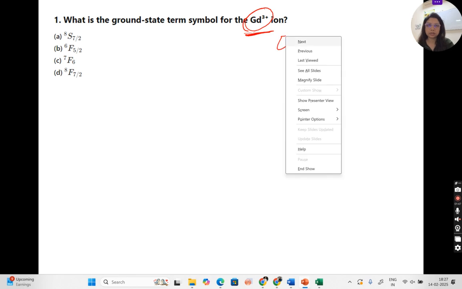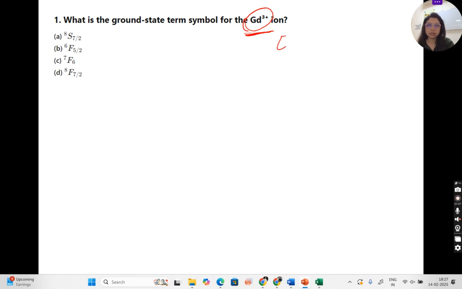This has the electronic configuration [Xe] 4f7 5d1 6s2. This will be the electronic configuration for this, and we will write it.